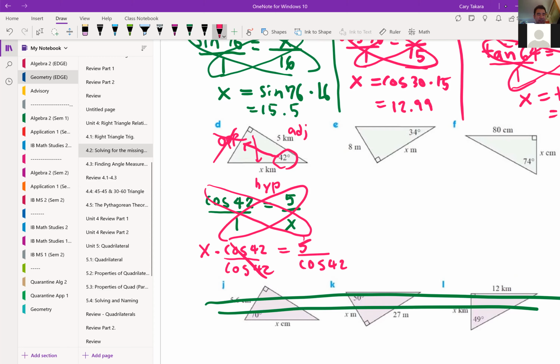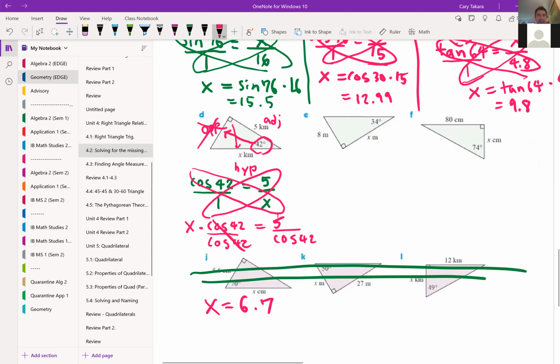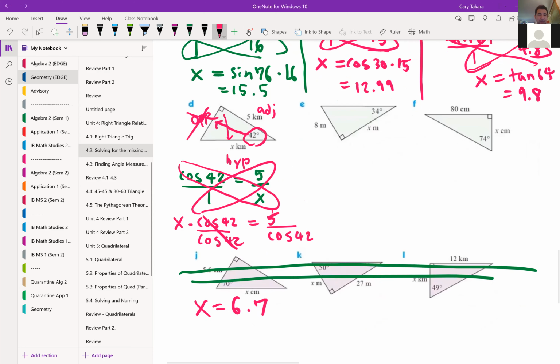So take out your calculator. 5 divided by cosine of 42. I get 6.7. Did anybody get that? X equals 6.7. Okay. So if you're working ahead, please stop and check for D. Did you get 6.7 for D?